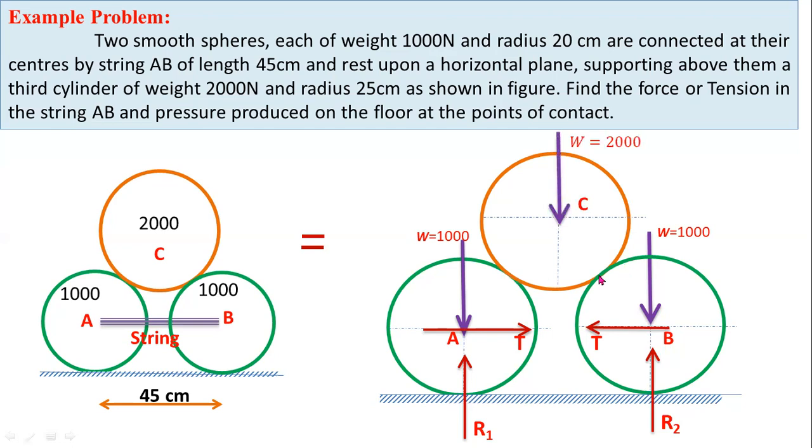Now there are two contact points here and here, so you have to consider two equal and opposite reaction forces. Here there are two movable surfaces, so you have to consider two reaction forces, both equal and opposite in direction. Here also there are two movable surfaces, so you have to consider two equal and opposite reaction forces.